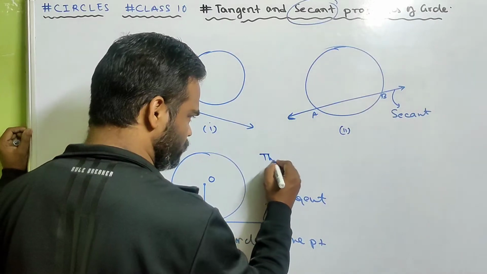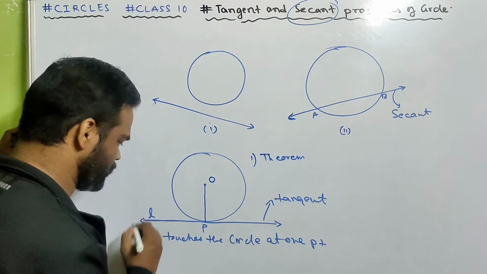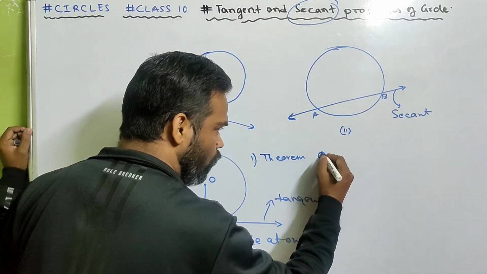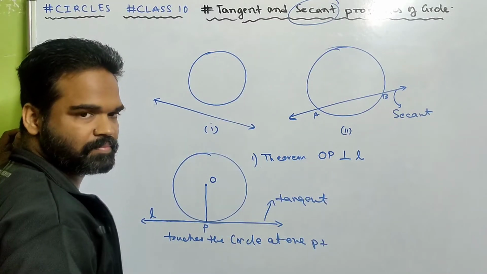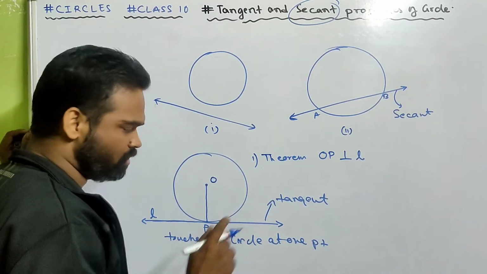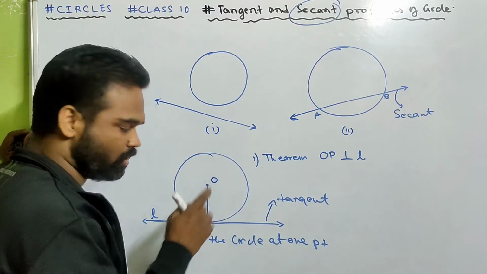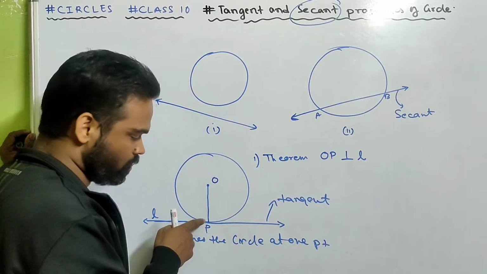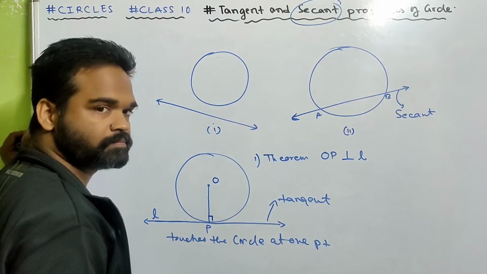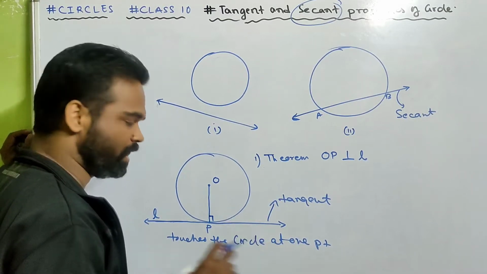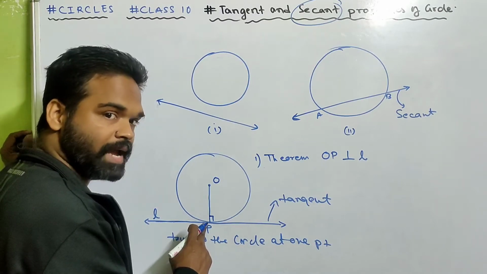The first theorem which we should know is that suppose this line is L, that OP, the radius, is perpendicular to the line L. The tangent at a point of a circle is perpendicular to the radius from the same point. These two are perpendicular. The radius is always perpendicular to the tangent at the point of contact.